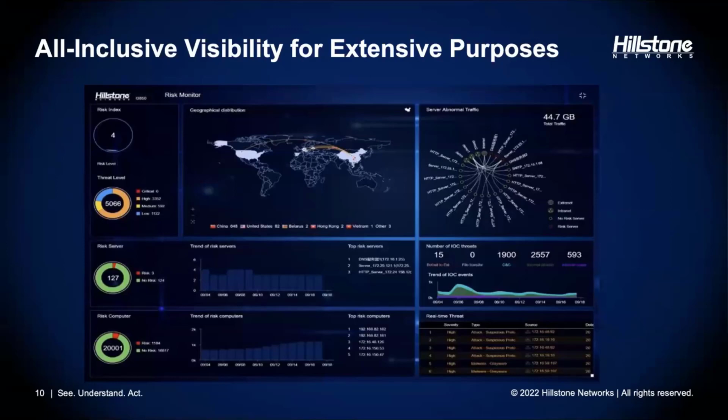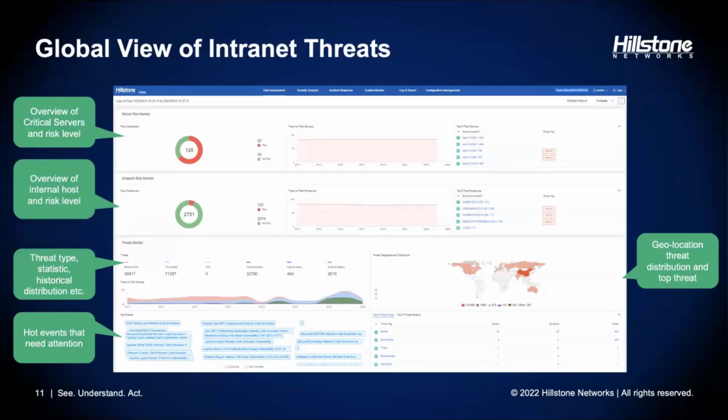When it comes to Hillstone's NDR, SBDS has all sorts of dashboards and displays that can be viewed. For example, there's a global view of intranet threats, which displays the overview of critical servers and hosts, along with the corresponding risk levels associated with said assets. In addition to risk level, it can display which assets specifically are currently at risk.